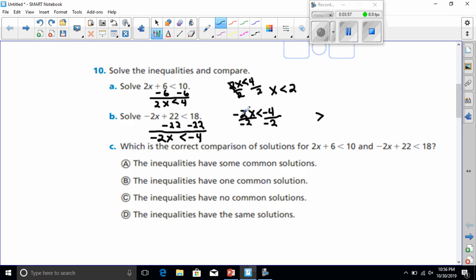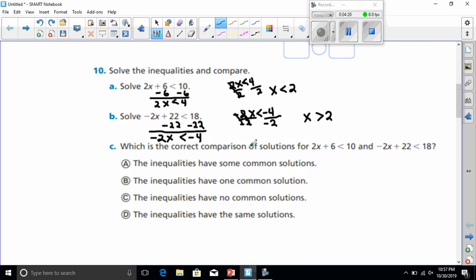Well, now negative 2 is canceled out, leaving x by itself. And negative divided by negative is positive, and 4 divided by 2 is 2. So this time it would be x is greater than 2. Okay? We can move on now to part C.